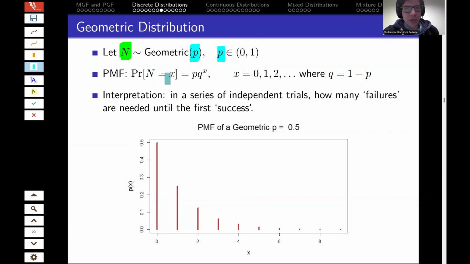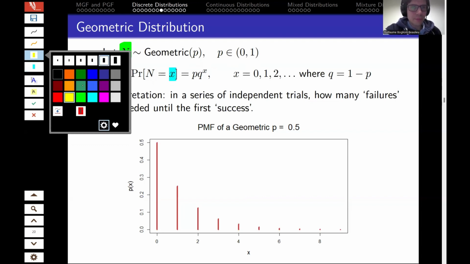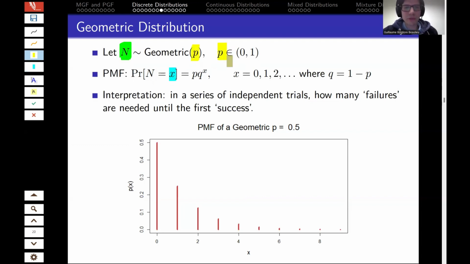Now we have the PMF here, which we'll understand if we remind ourselves of the classical interpretation of the geometric, which is this: in a series of independent trials, how many failures are needed until the first success? So here you're counting how many failures until you get your first success.